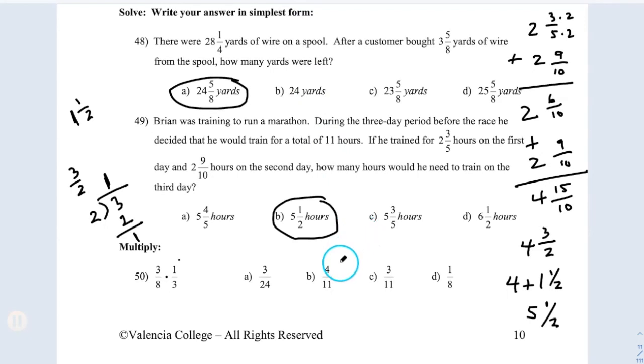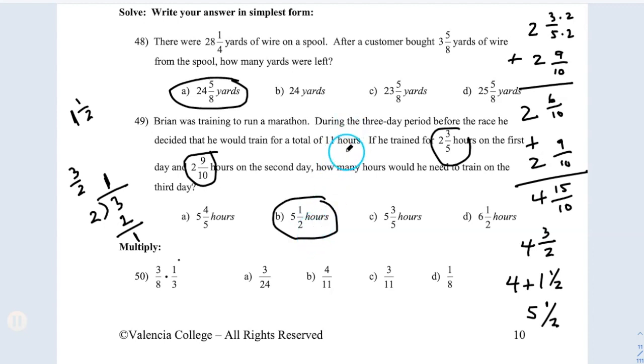Now, are we right? Let's go back. If I remember well, we were adding this and this, right? That's what we did, and that's what we got, 5.5. Now the mistake here is, I saw the answer right there and I just marked it, but that's not what I was doing.